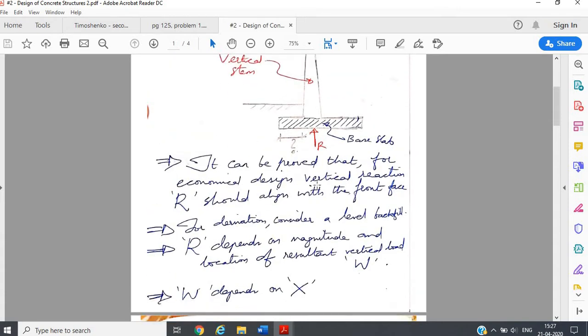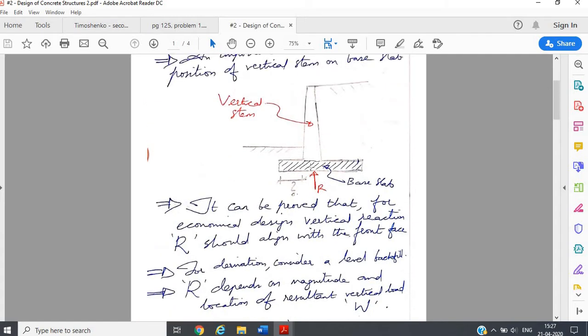For the derivation, let us look into various factors. First of all, R is the total reaction, right? So R is dependent upon what all things. First of all, it is dependent upon the weight of the stem of the retaining wall plus the soil that is retained on the heel portion, and to a certain amount this portion as well.